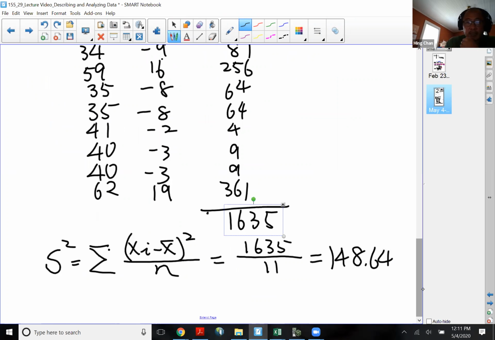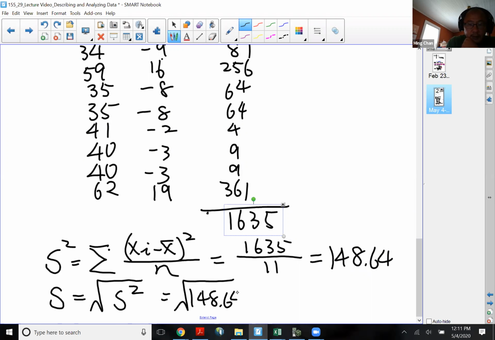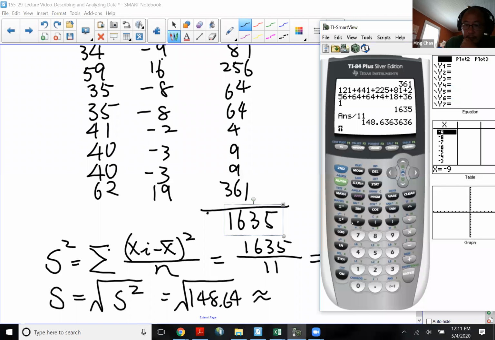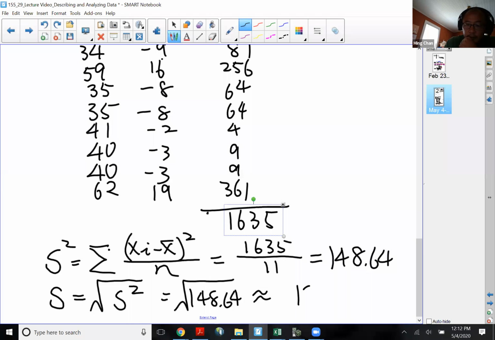So standard deviation S is simply the square root of your variance, the square root of 148.64. Giving myself a couple of decimal places, that's about 12.19. It's going to be positive and negative here.